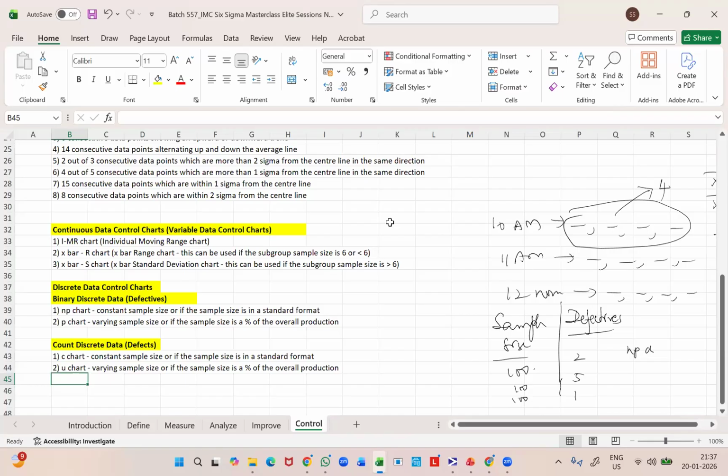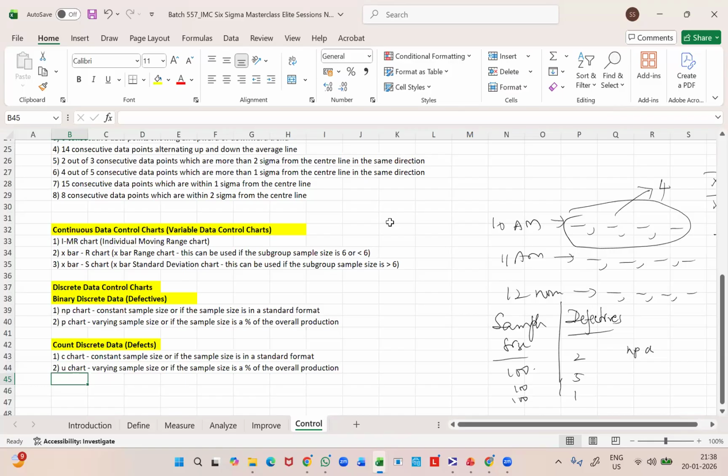And then we will wind up this training session by working out 3 exercises under control chart. So we'll be constructing an X bar R chart and P chart and also U chart, right? So these are the 3 control charts that we will be constructing on the final day of this training session. And with that, we will be winding up the training session, right?